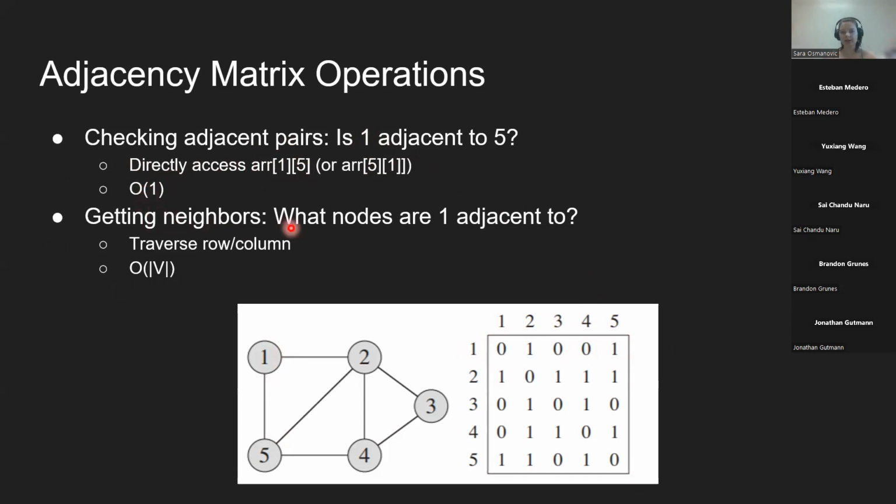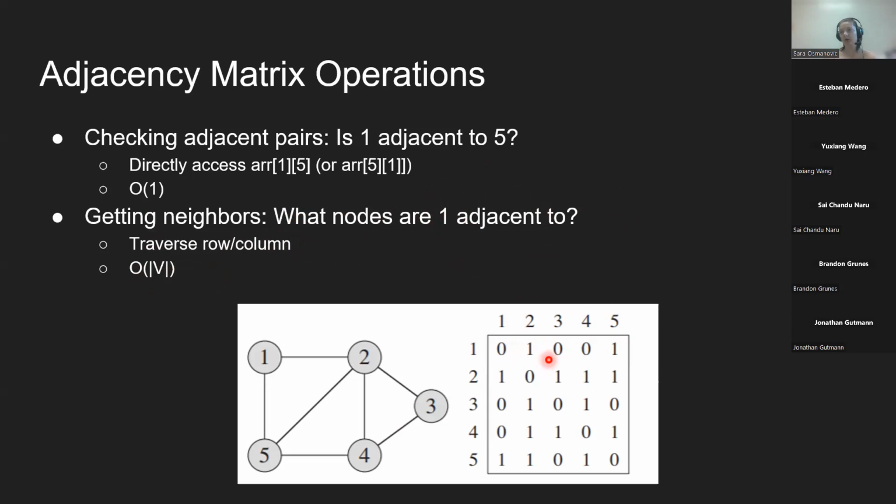Getting the neighbors is a little more complex. You're looking to see all the nodes that a node is adjacent to. You have to traverse the row or the column of the node you're looking for and check all of these to see which ones are 1.